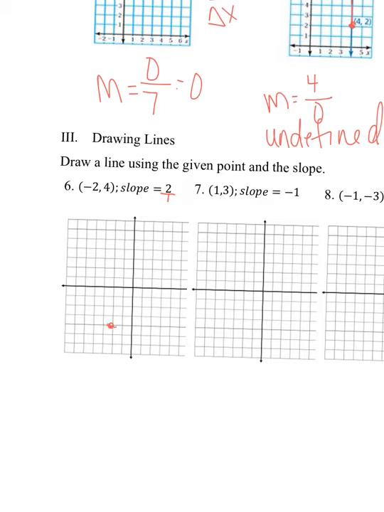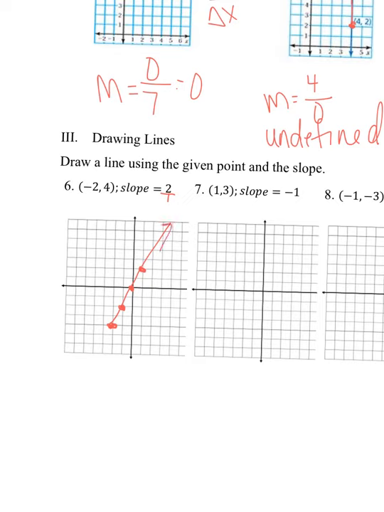So that's right here. If I want to have a slope of 2, a slope is a constant rate of change. Rise 2, run 1. Rise 2, run 1. You can plot an infinite amount of points on this line if you're just given a point and a slope.